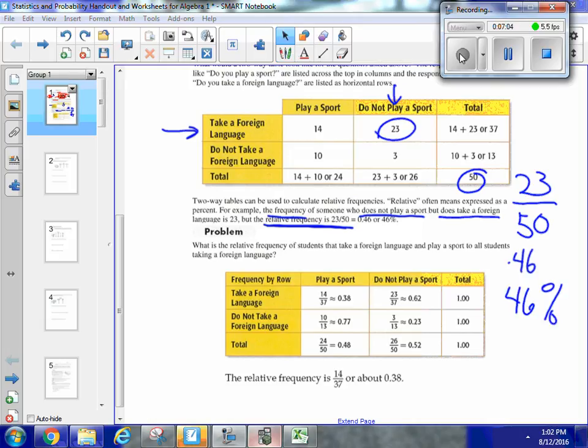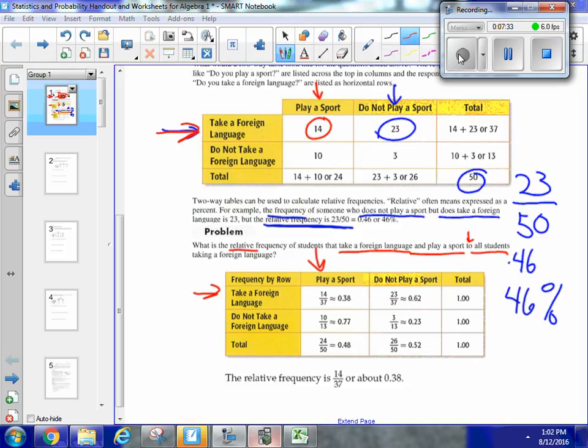The next example is I want to find the relative frequency of students that take a foreign language and play a sport. That's 14, compared to all the students who take a foreign language.